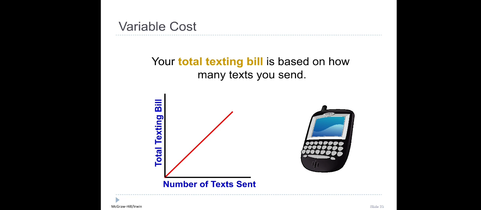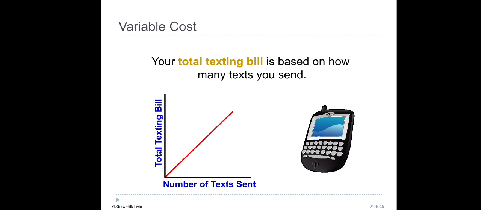So that is an example of variable cost: the cost that will change when the quantity of production or activity of production changes. Always remember that direct material cost is a variable cost.